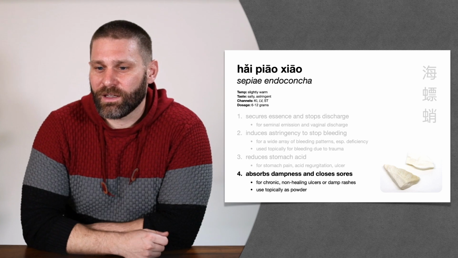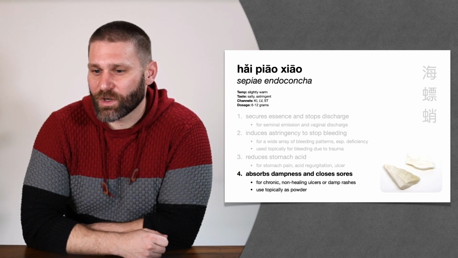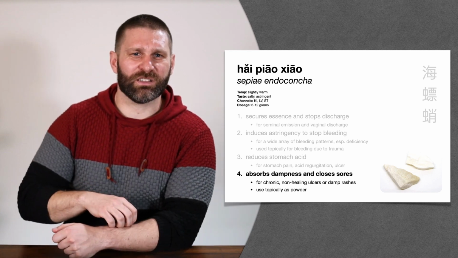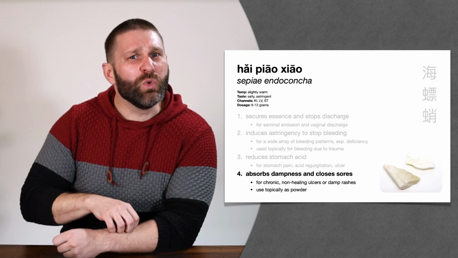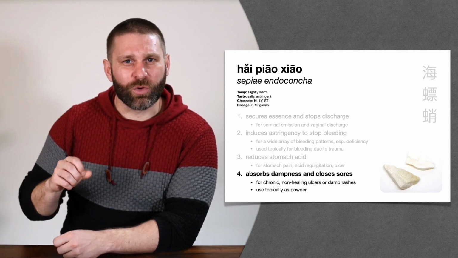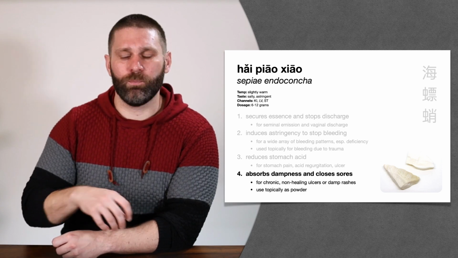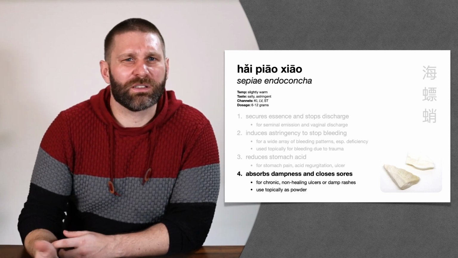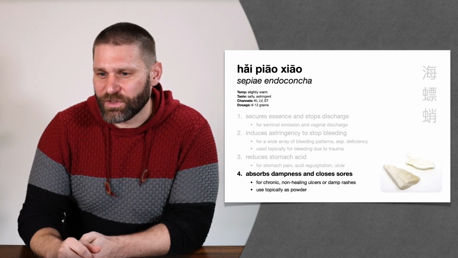And we can also say it absorbs dampness and closes sores for chronic non-healing ulcers or damp rashes. So damp rashes, this is like you have some rash and itchiness, but it's very wet, very damp. There's some oozing or some pus. So you can think about grinding up Hai Piao Xiao into a powder, and that powder soaks up some of that oozing. I think we saw the same thing with Qing Dai and things like that. So used topically as a powder.